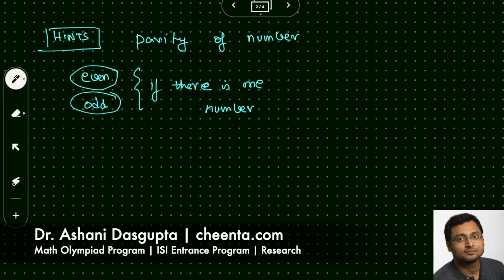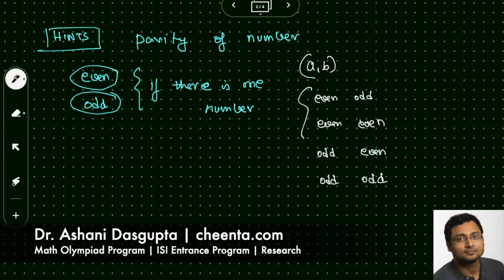If there are two numbers, if there is a pair of numbers, let's say a, b, it could be even, odd, even, odd, odd, even, or it could be odd, odd.